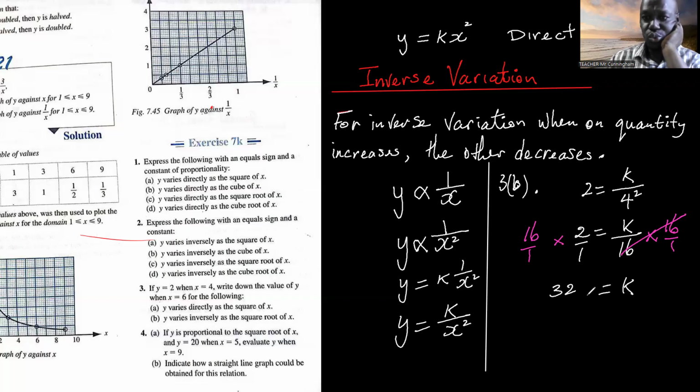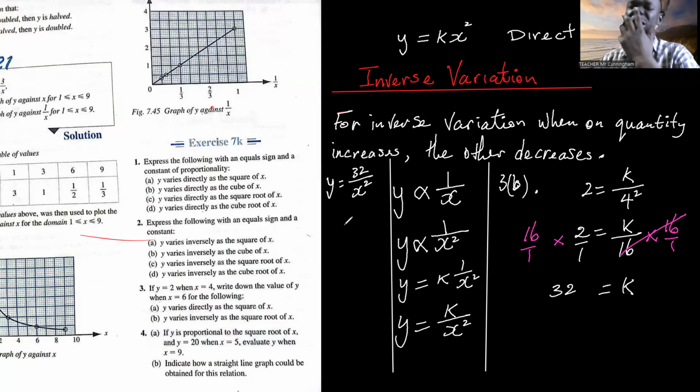So when k is 32, we write our formula again: y is equal to 32 over x squared. So they ask us to find the value of y when x is 6.